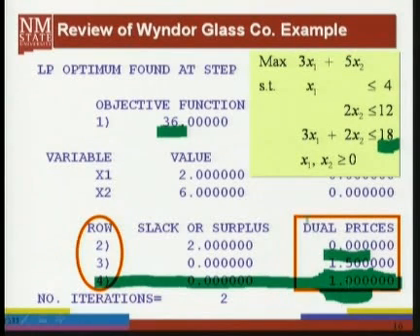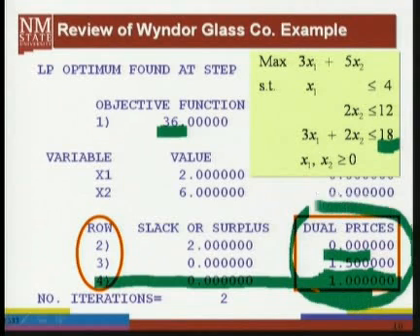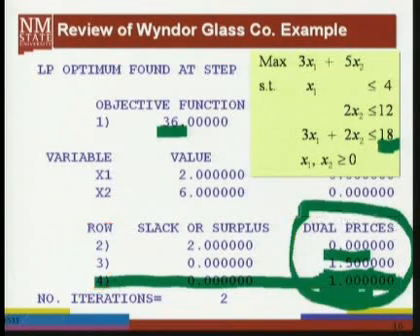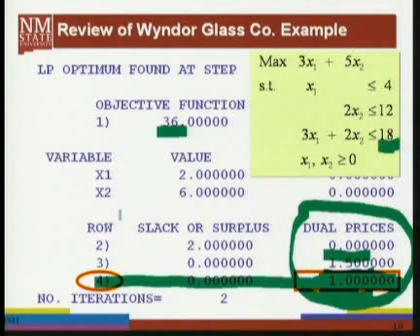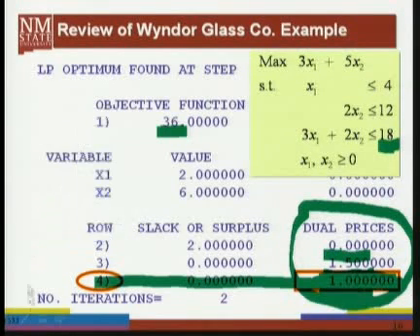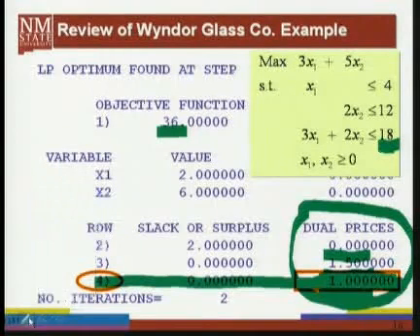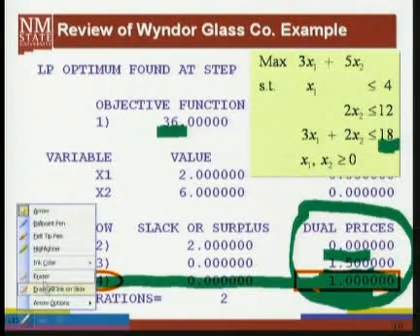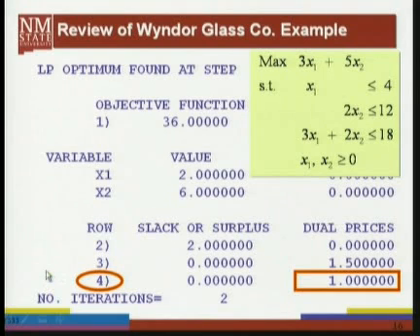However, all these dual prices are valid only if the corresponding right-hand side value varies within the allowable ranges. Okay?